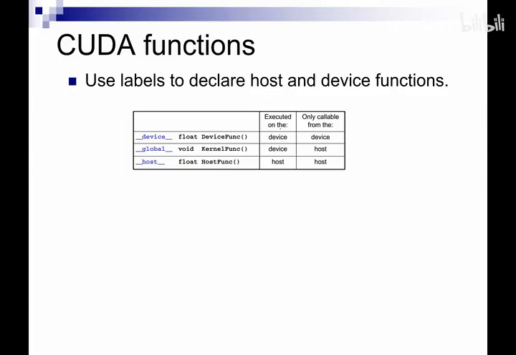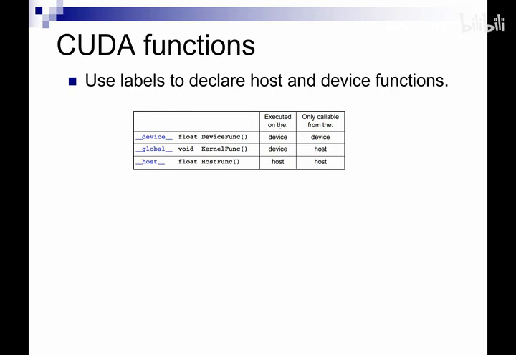If you label a function this way, this function is executed on the device, right? So it's executed on the GPU, and it's called from the GPU. That's after you start the GPU program. If you need to call a subroutine from the GPU, you're going to label it with device.